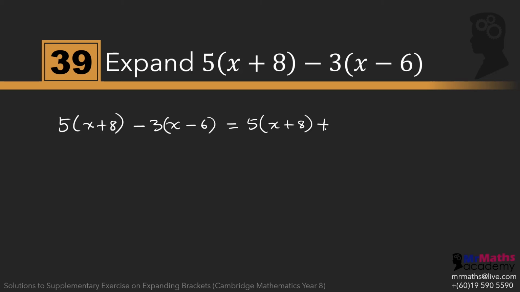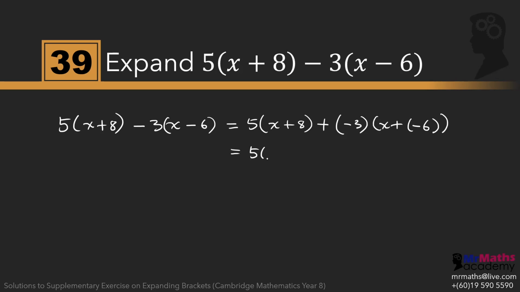But I'm going to turn this into plus, then putting minus 3 like it is a coefficient of the term inside the bracket, which is x minus 6. So let me just do this to reduce mistakes. So I'm going to replace it with plus minus 6.